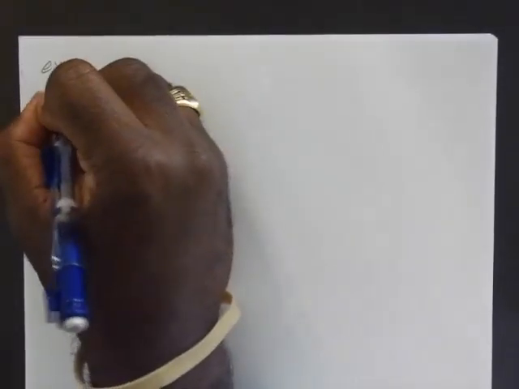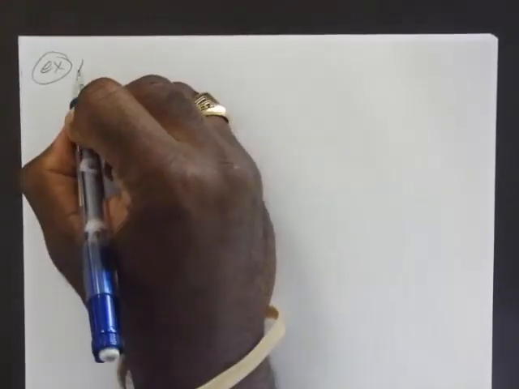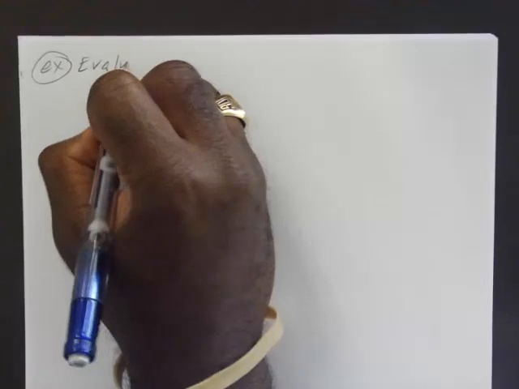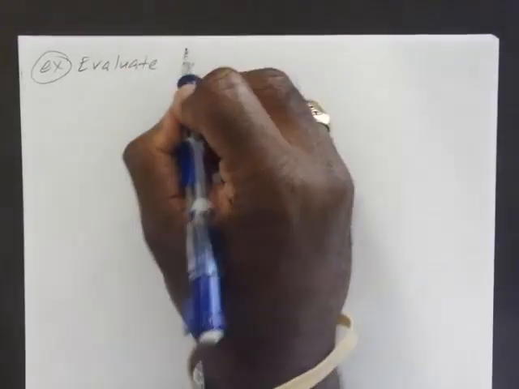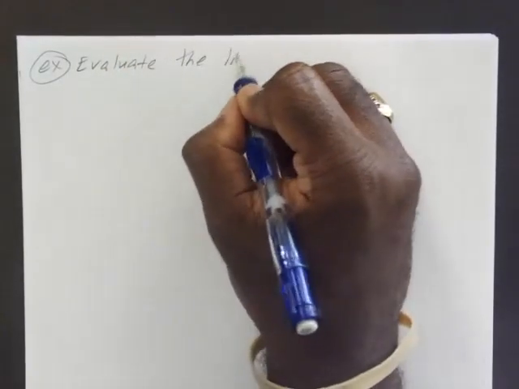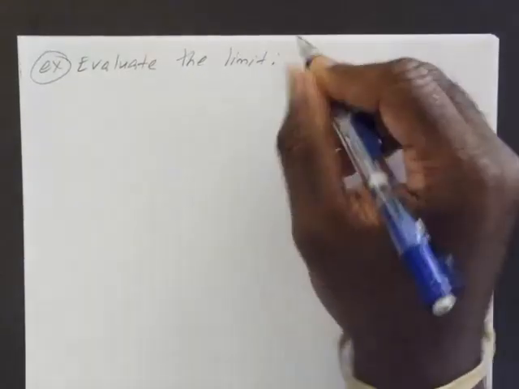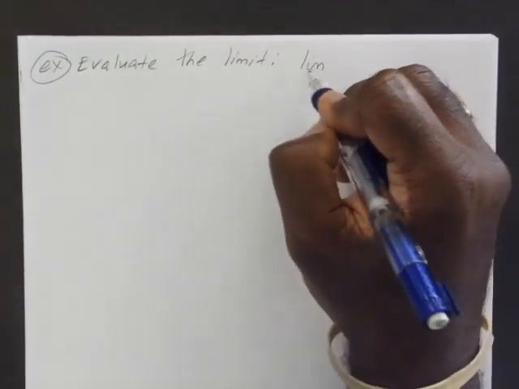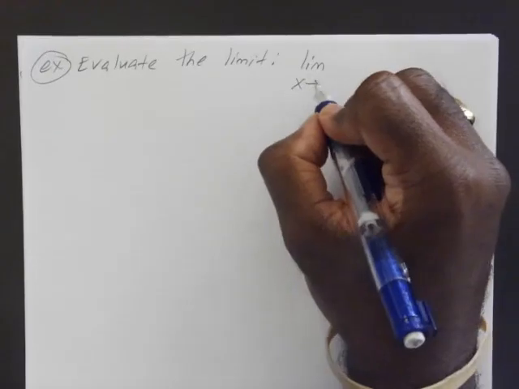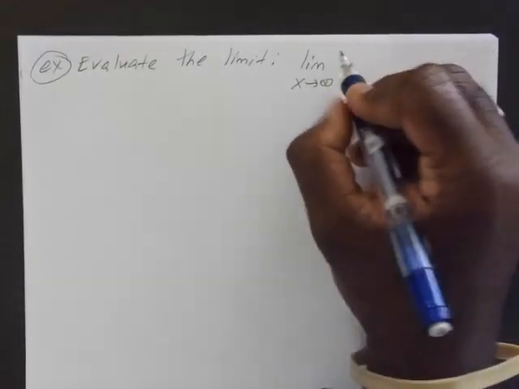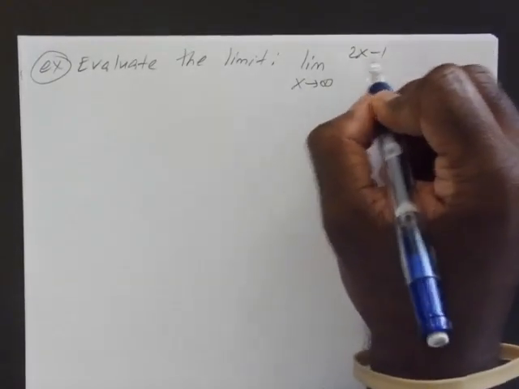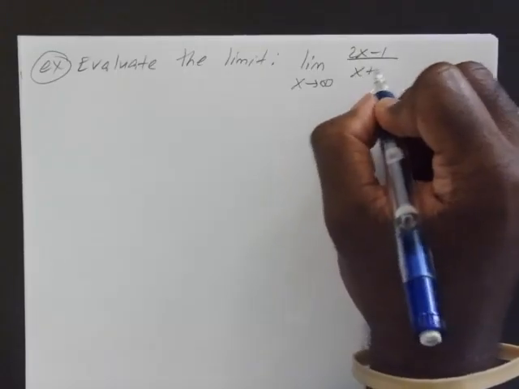Let's say, for example, we wanted to evaluate the limit as x approaches infinity of 2x minus 1 divided by x plus 1.